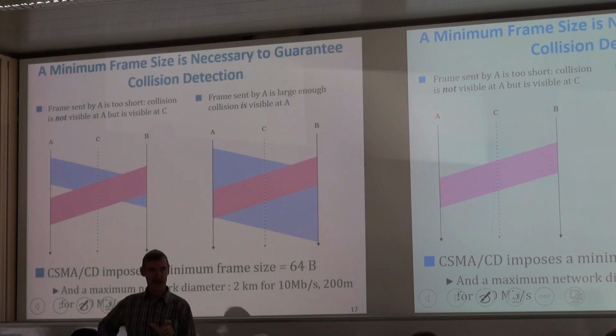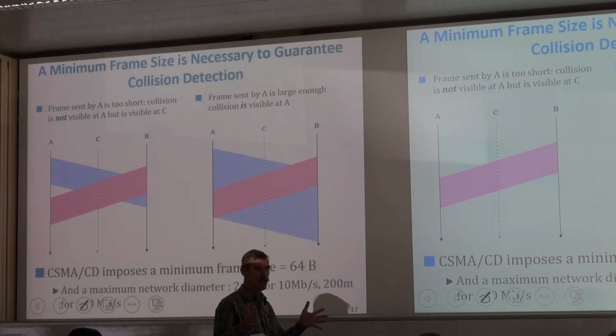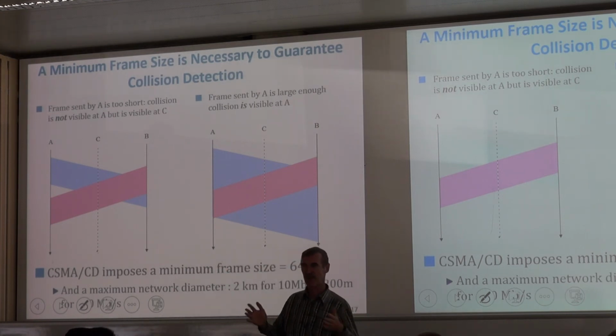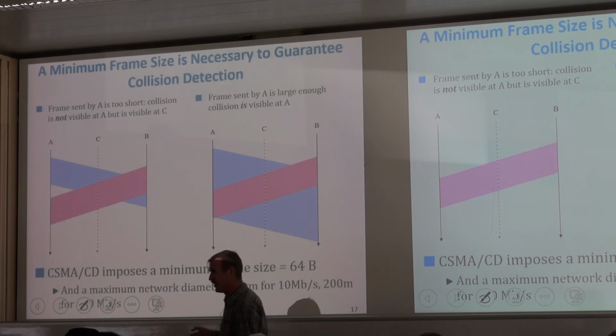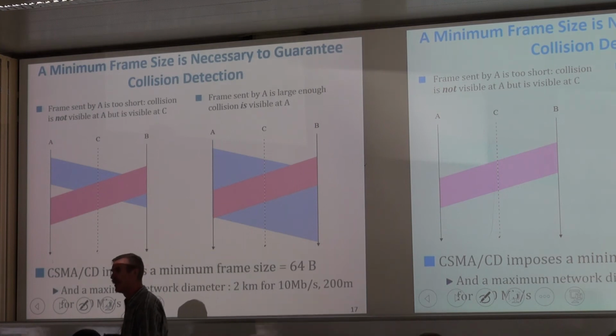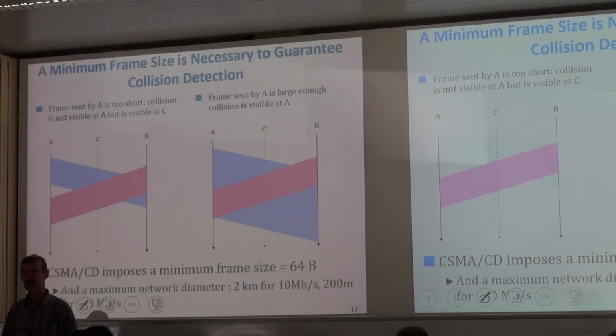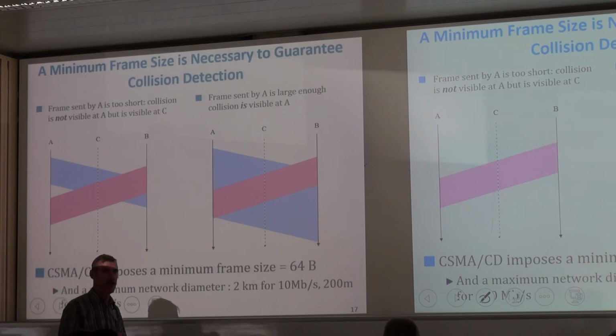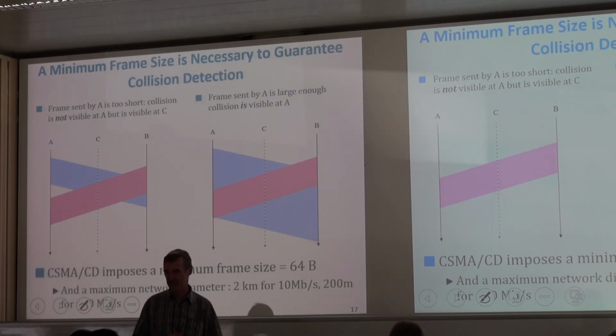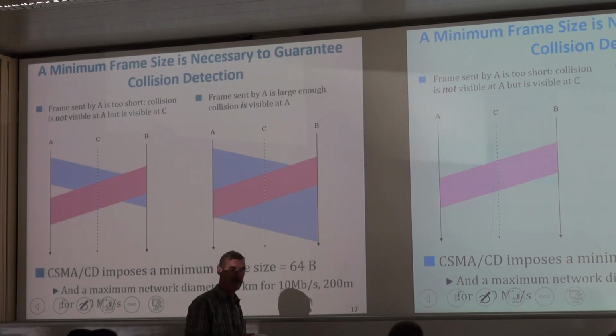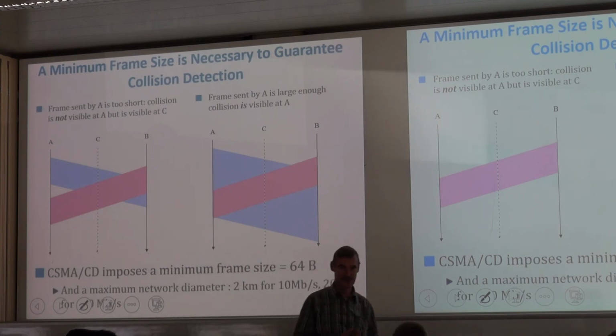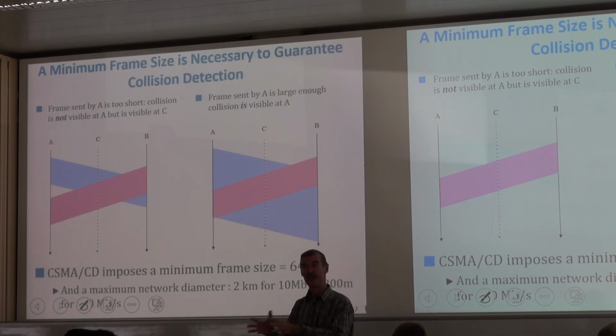And this packet size is fixed, which means that depending on the wireline speed, the size of the cables has to be correspondingly short. If you use Ethernet at 10 megabit per second, you can have a cable of 2 kilometers. At 100 megabit per second, it's a maximum of 200 meters. And at gigabit per second, that's 20 meters. At least if you use CSMA/CD.